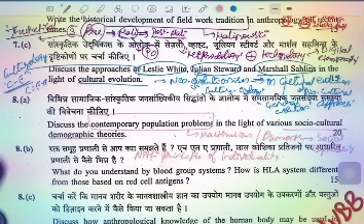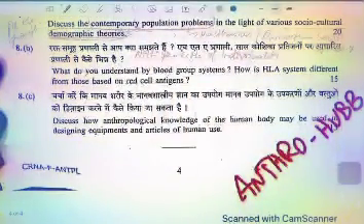Then we can even talk about Leibenstein's theory, which is related to population and economic growth. Now the question is asking about the respective population problems as well as the demographic theories. These two have to be interrelated, right?